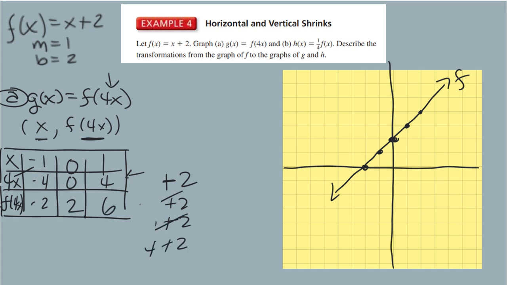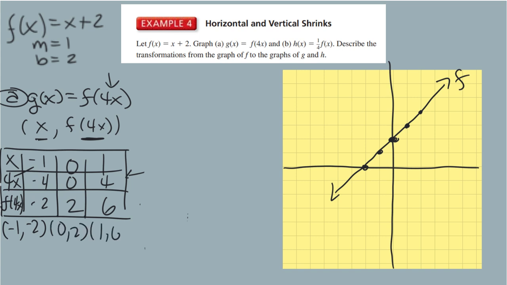We finally have our ordered pairs, which are -1, -2, 0 and 2, and 1 and 6. Am I able to graph already?